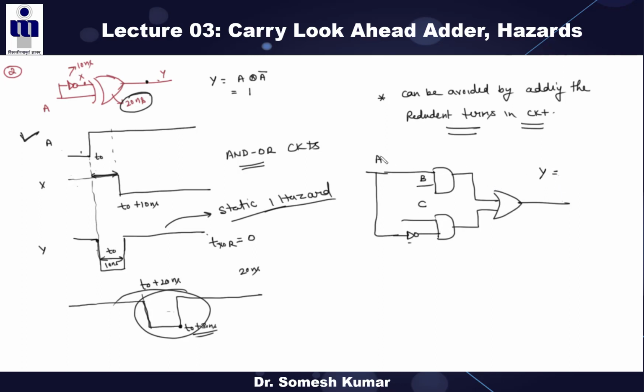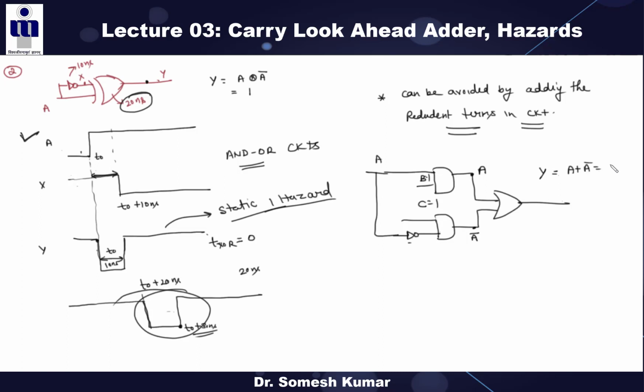If I am saying this A is there and B is 1, and C is also 1, then what will be the expected output of this circuit? If B is 1, so what is the output here? A, right? So what happened here? A bar. And what is the expected output? 1.